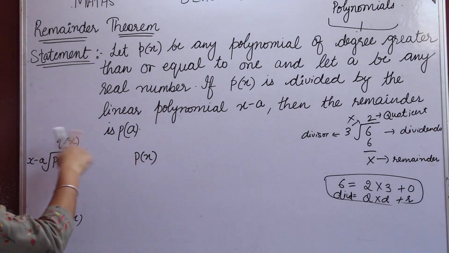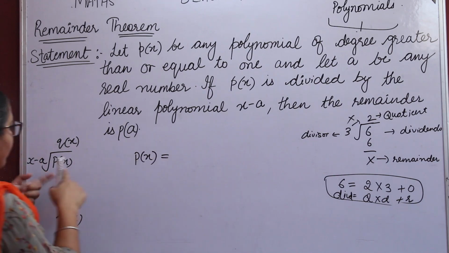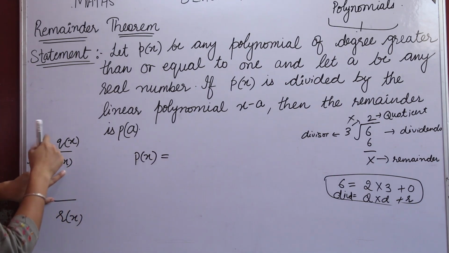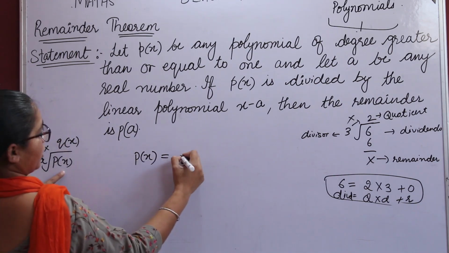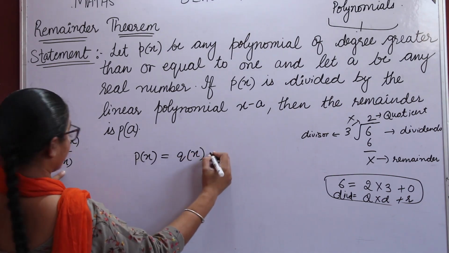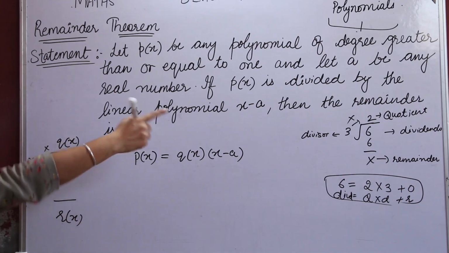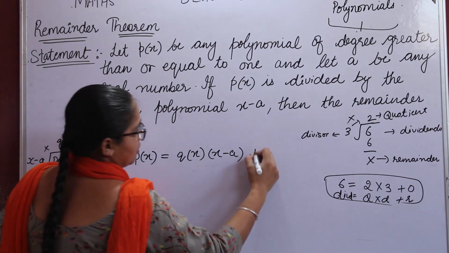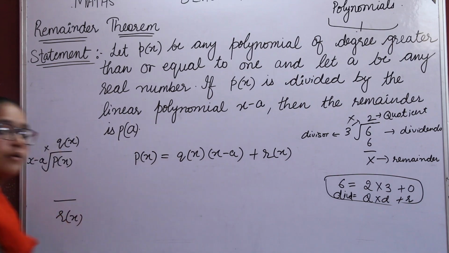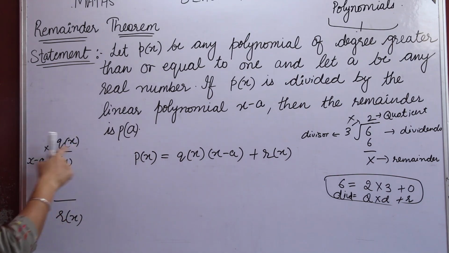So now write this. What would be your dividend? It should be the multiplication of this: q(x) multiplied with x minus a. I have multiplied these two plus remainder. Got it? We have to multiply quotient with the divisor plus we have to write remainder.